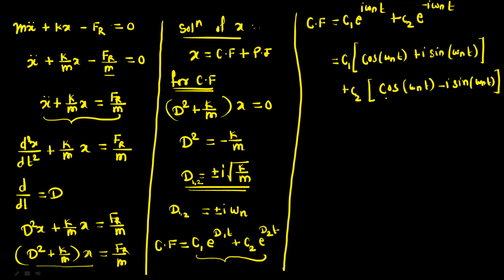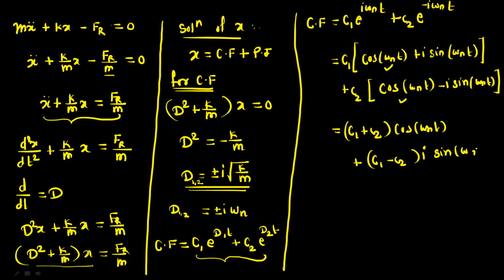Okay. So we can take this value common. We will get c1 plus c2 into cos omega n t and plus c1 minus c2 into i sin omega n t. So take this common.